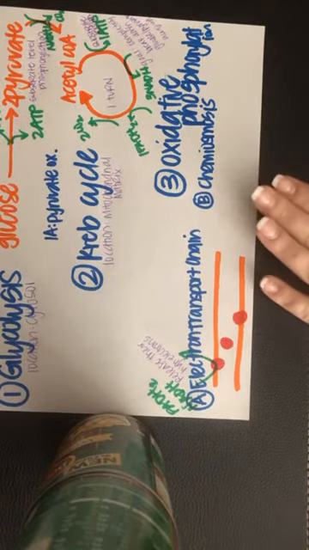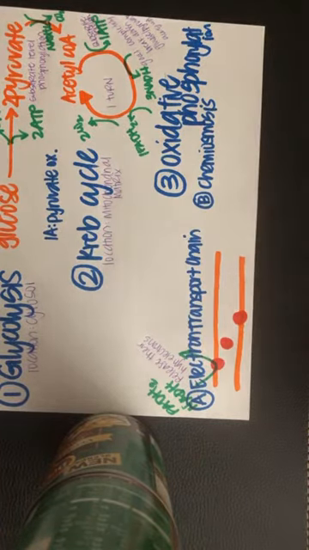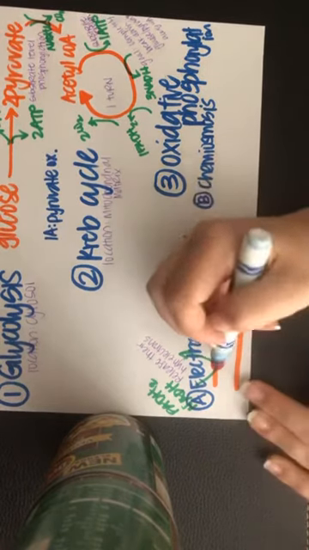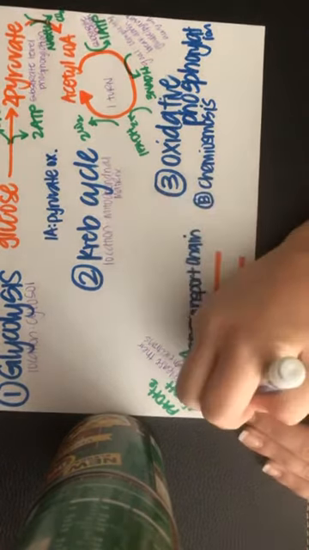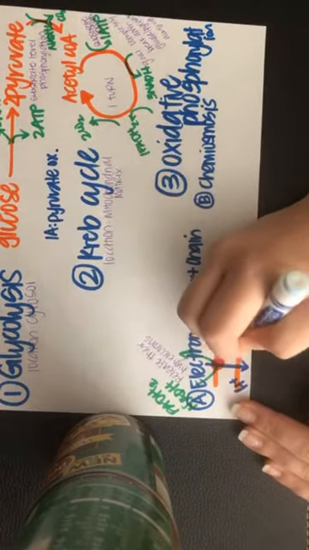And so what ends up happening is that the ions are going to move against their concentration gradient. And so we're going to see that at each one of these, we're going to move a hydrogen ion through the membrane.